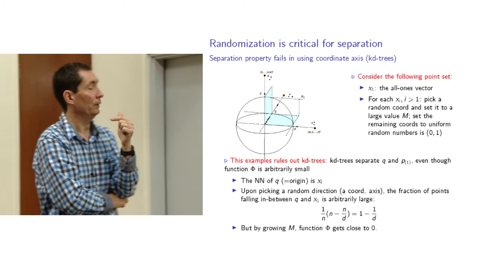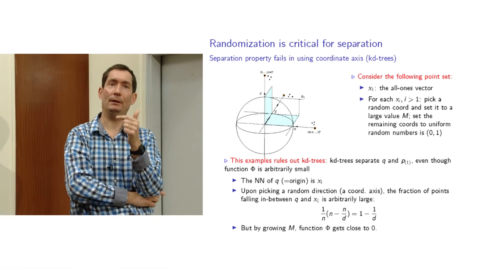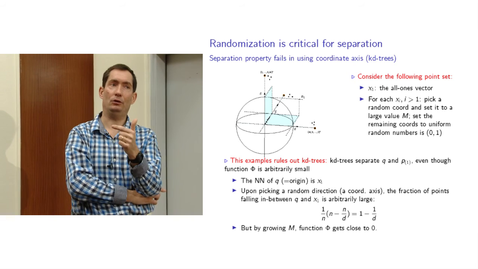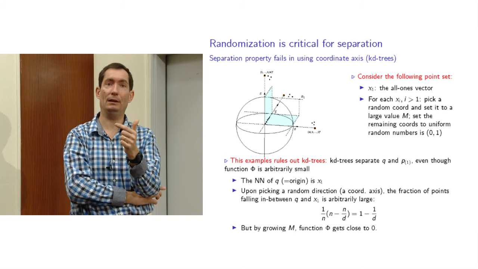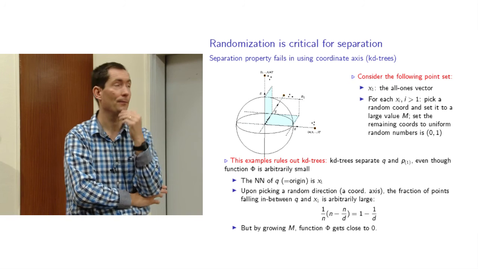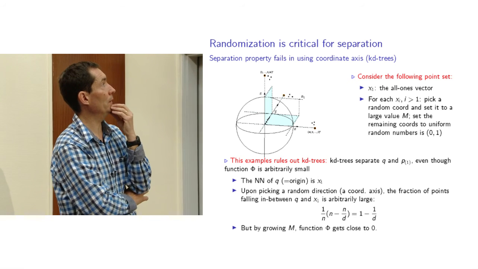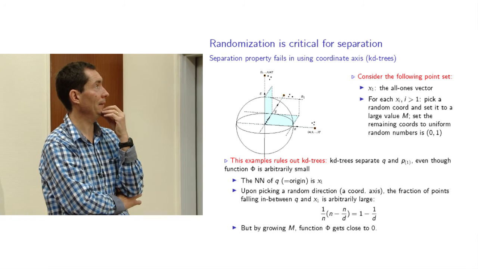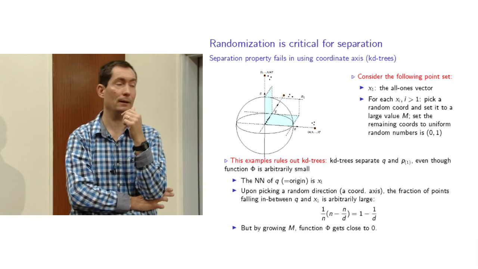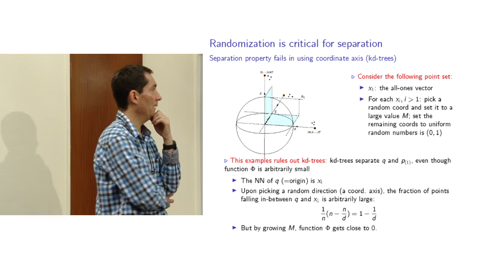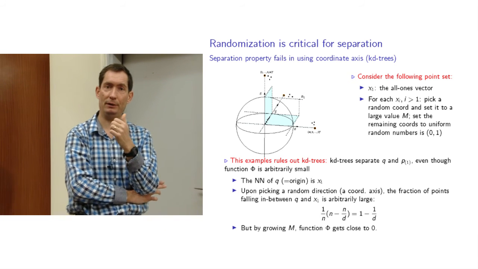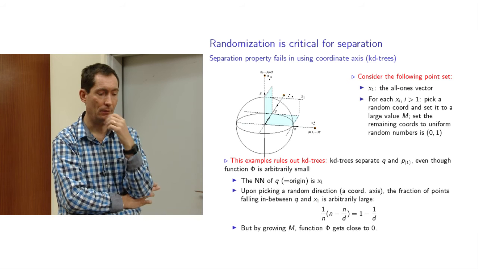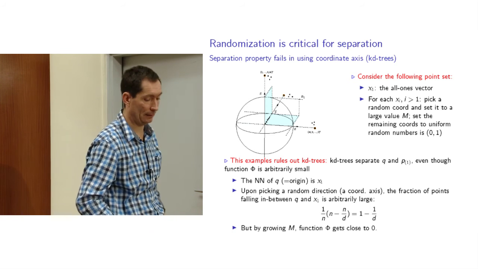So of course one may say, is it really mandatory to use this randomization? In other words, wouldn't it be possible to get the same behavior using kd-trees or something like that? And so here is an example where one sees that the answer is no. In fact, if you're using kd-trees, you may have a behavior which is completely different from that of random projection trees.